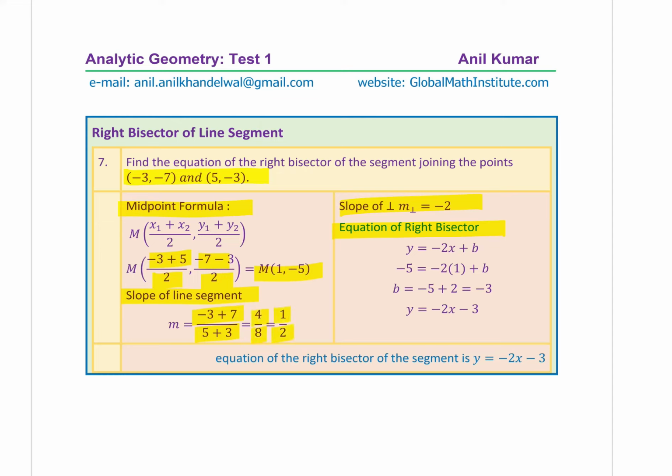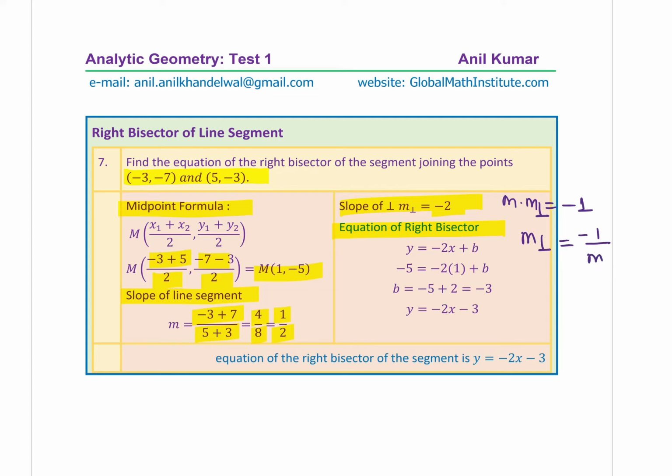And therefore, the slope of the perpendicular will be the negative reciprocal, right? You remember that the product of the slope m and the slope of the perpendicular should always be equal to minus 1. So the negative reciprocal.